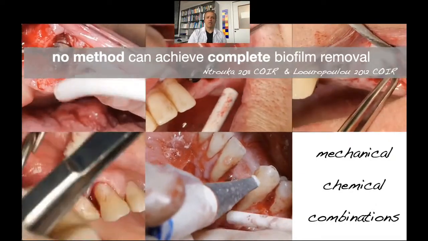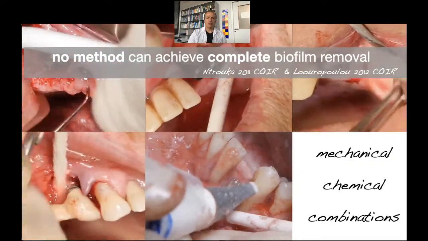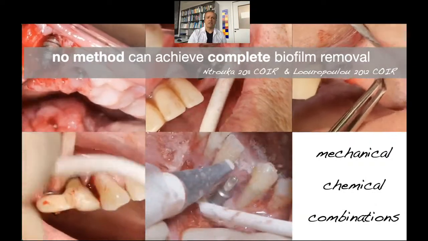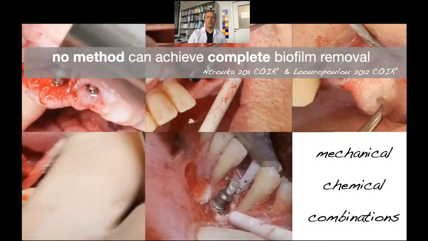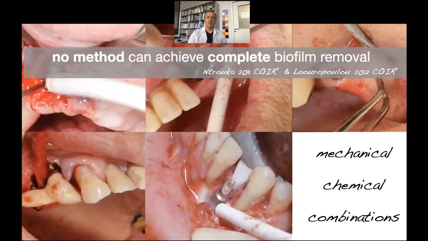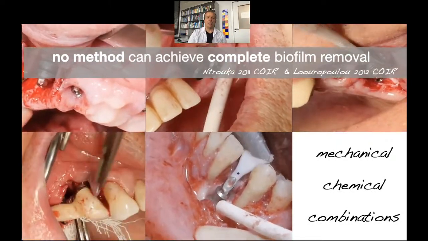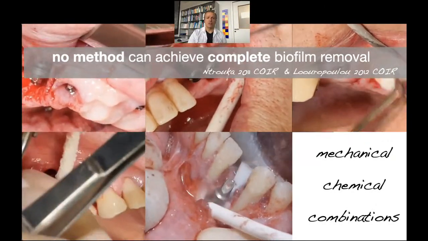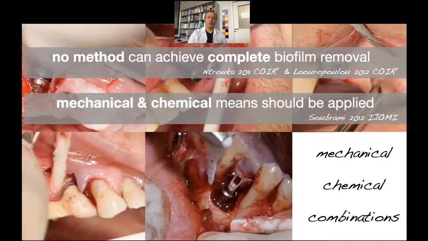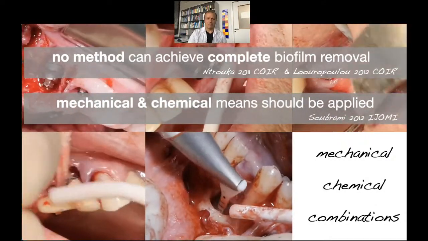These two references are systematic reviews on laboratory studies looking at mechanical means and chemical means separately to decontaminate the implant surface. No method can achieve complete biofilm removal in the laboratory, and then you can imagine that this is impossible in the clinic. That's why we have to use both mechanical and chemical means.